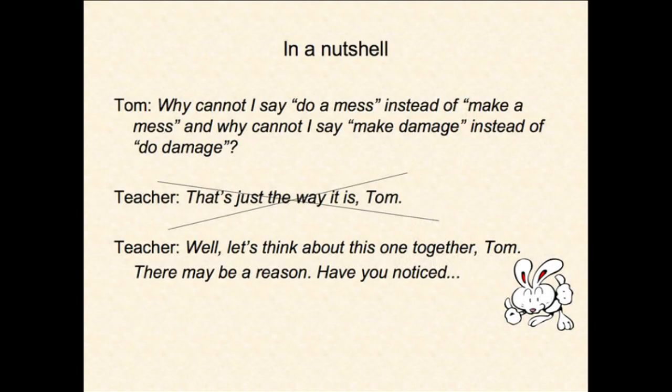Do you know the work of Michael Lewis, the lexical approach? Michael Lewis is actually the teacher that I crossed out. He writes in his books, don't even think about trying to explain to students why language is the way it is. All you can say is that's just the way it is.